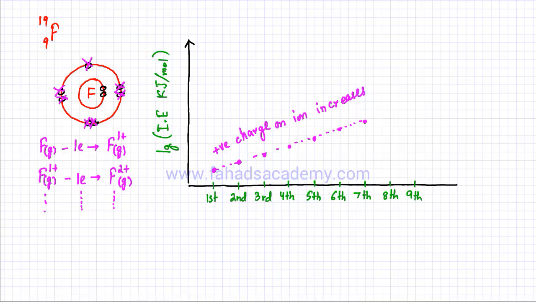Now what's going to happen if I remove the inner electrons? Now I've moved to the 8th electron and the 9th electron. When I remove the 8th electron, there's going to be a jump in ionization energies, and the reason for that drastic jump is that now the electron is closer to the nucleus, so distance decreases, and it's now one shell closer to the nucleus, so shielding is going to decrease.